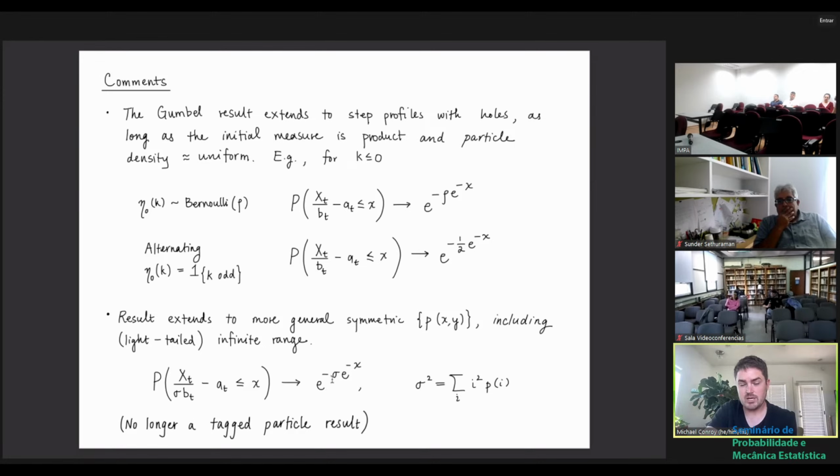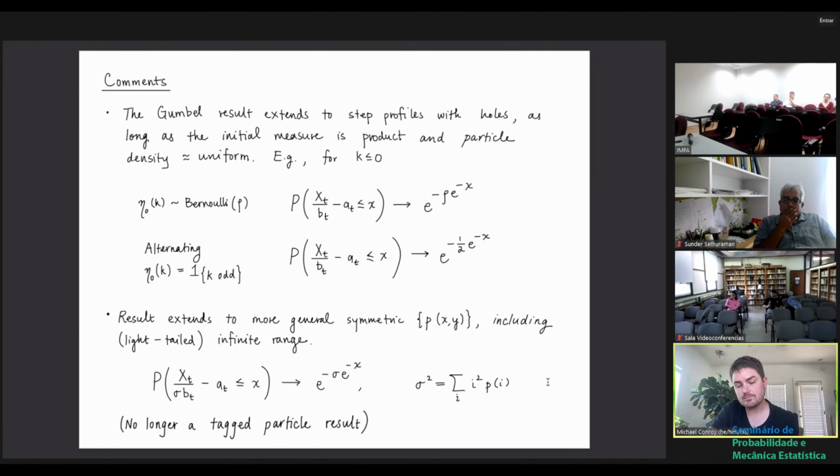And that also shows up as a shift of the mean of the Gumbel distribution. So importantly, when we go to more general symmetric jumps that aren't nearest neighbor, we no longer have a result about a tagged particle. Since now the particles can change position, this is just a result about the maximum or the front of the motion to the right.